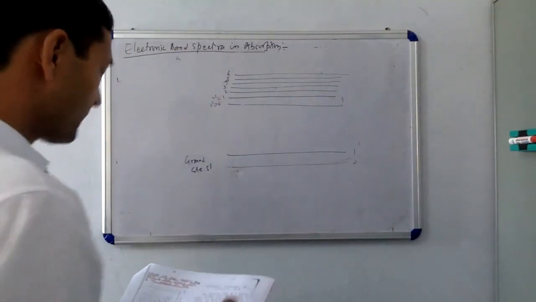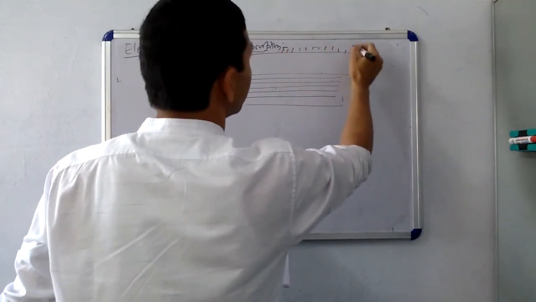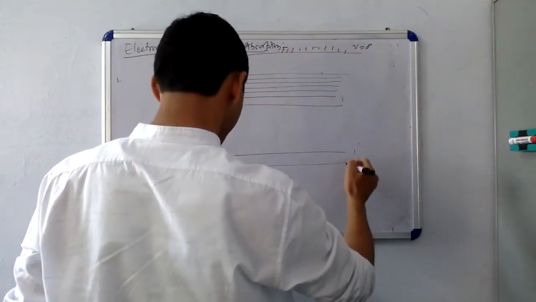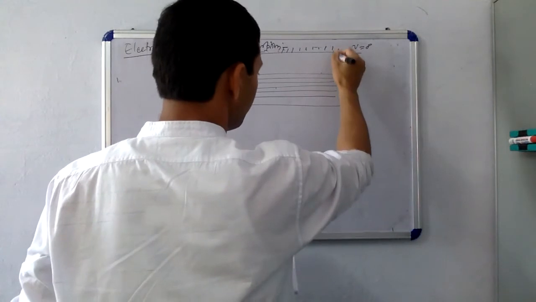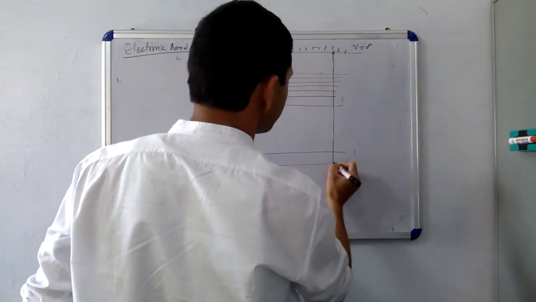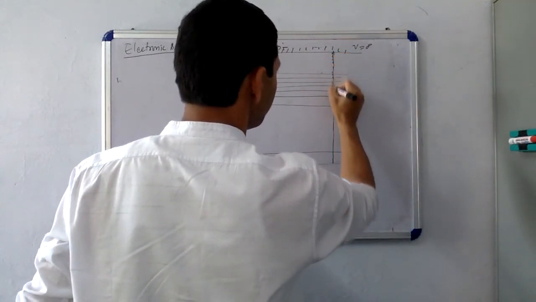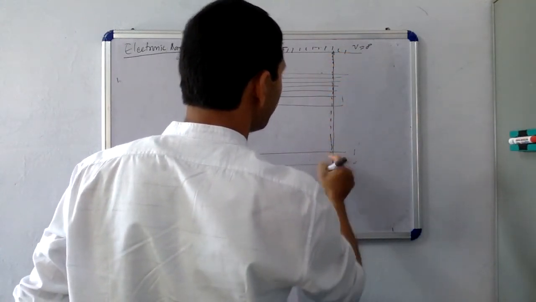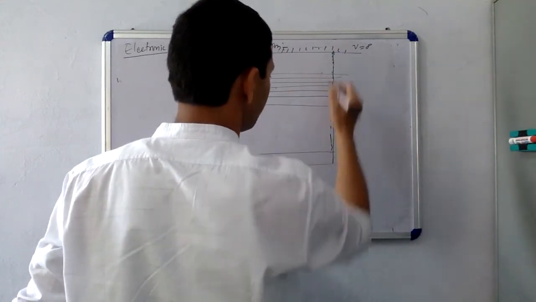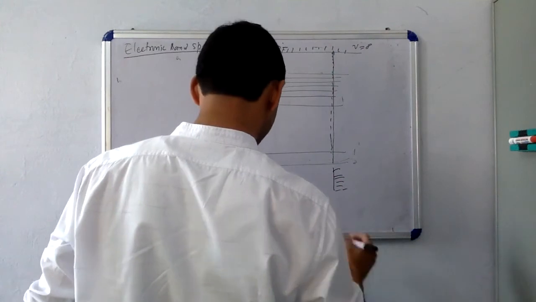And above this, suppose I have nu equal to infinity. Obviously I will get transitions from 0 to this, and you have this dotted line showing the transition from the first excited state of this molecule, and this provides you the completely continuous spectra.